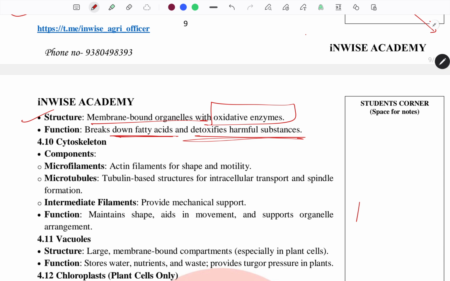The main functions of the peroxisomes are fatty acid degradation, and it is also involved in detoxification of harmful substances. In case of plants, it is involved in one more metabolic pathway, that is photorespiration.